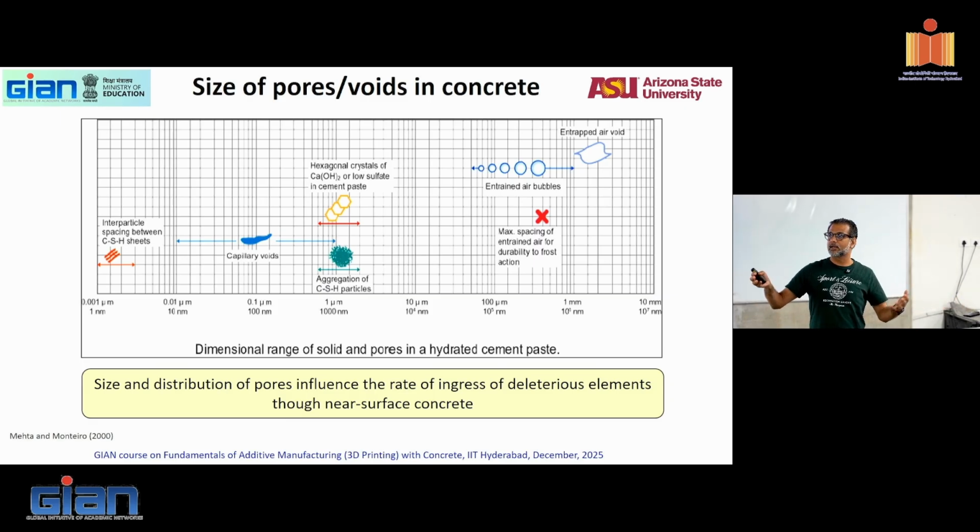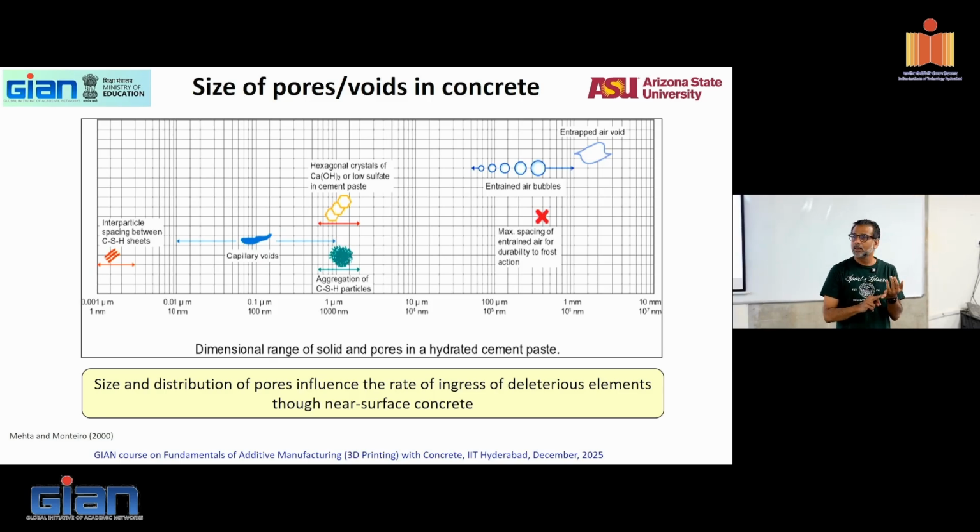If you had seen a concrete textbook, they would show you pictures. The size is corresponding to the height of a man to the size of Jupiter or Saturn or whatever. Those are the size ranges of pores in concrete, and that eventually results in several different transport mechanisms.